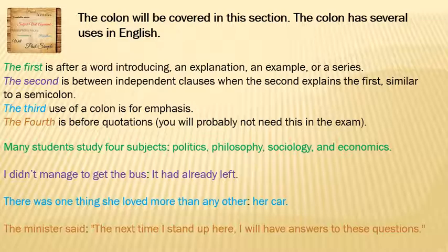So the colon here can connect the two ideas together. And then the next one is emphasis. There was one thing she loved more than any other: her car. So she loved this thing more than any other of her possessions, her car. Not used often, but can be used.